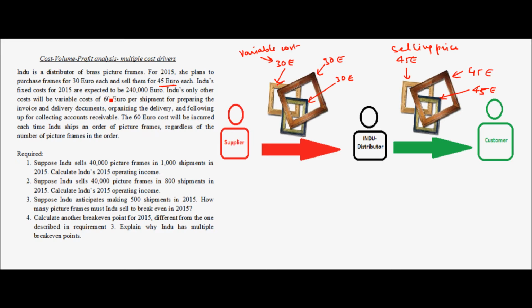Now for 2015, the fixed cost is expected to be €240,000. And Indu's only other variable cost is €60 per shipment. So per shipment means that every time a load, or you can say a truckload, is shipped from the distributor to the customer.